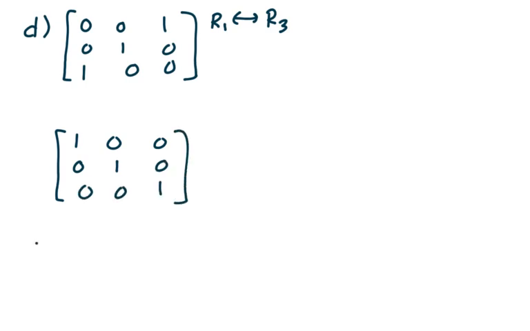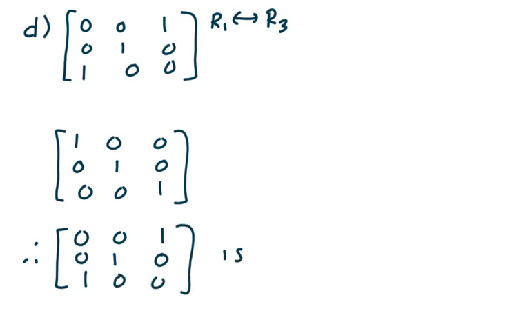And so, therefore, 0, 0, 1, 0, 1, 0, 1, 0, 0 is an elementary matrix. That's how we do that one.